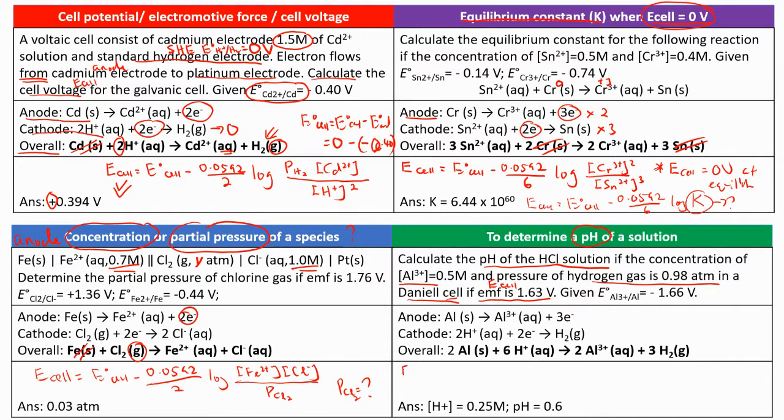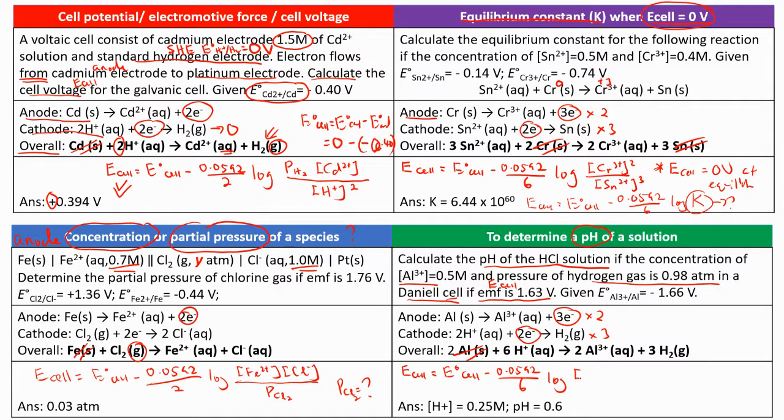Then you just write down E cell equals E naught cell minus 0.0592. Again, look at the electrons. So that means we need to multiply by 2, multiply by 3. So we will get 6 again. Log, let's look at the product. Solid, no need.